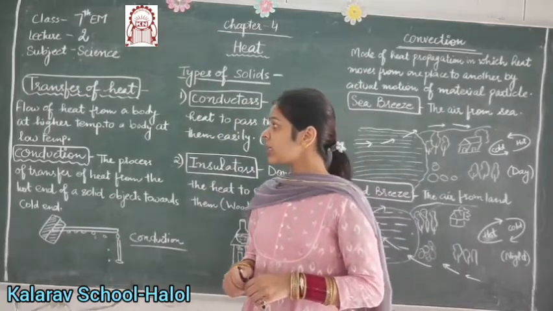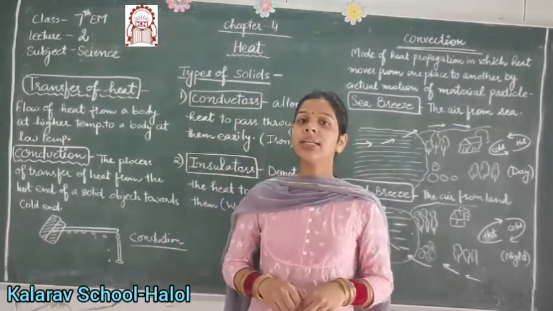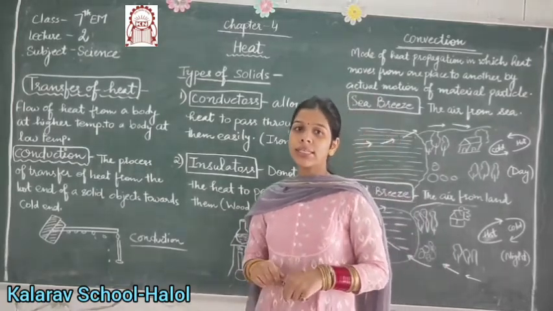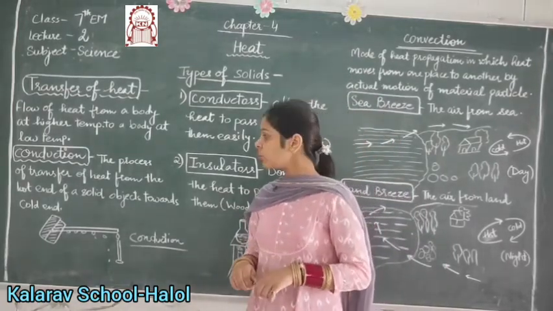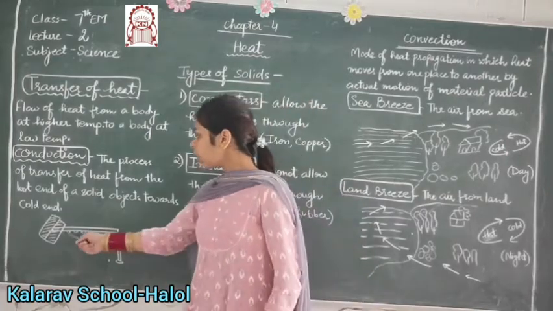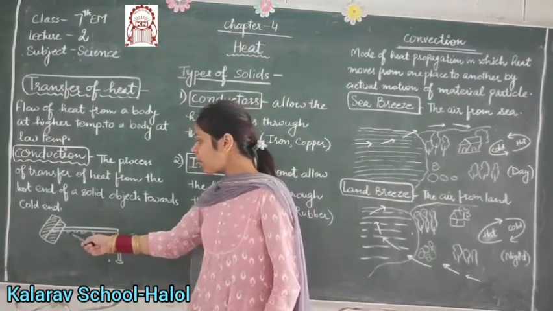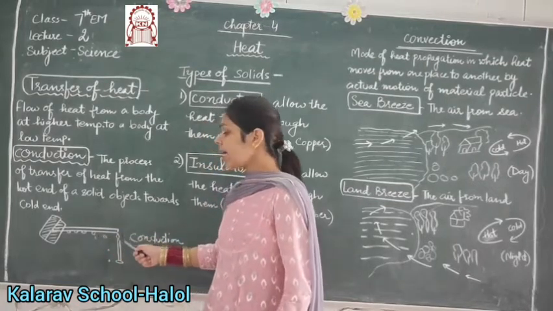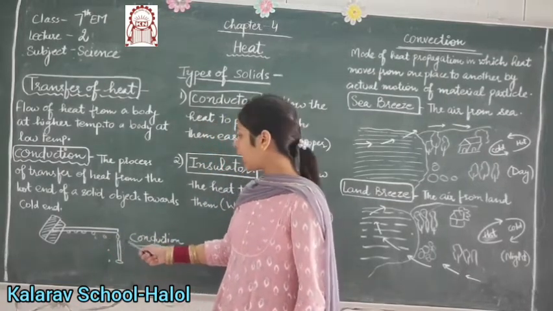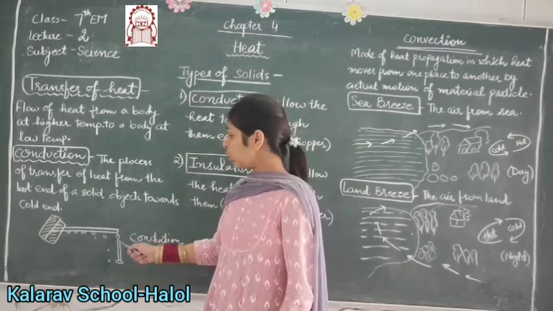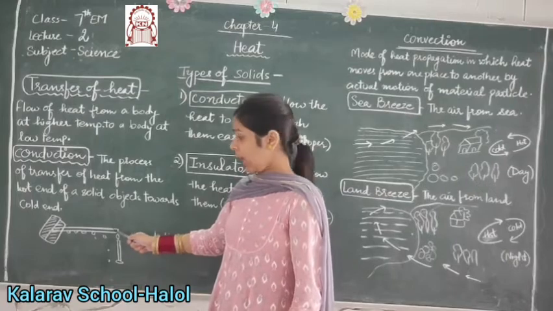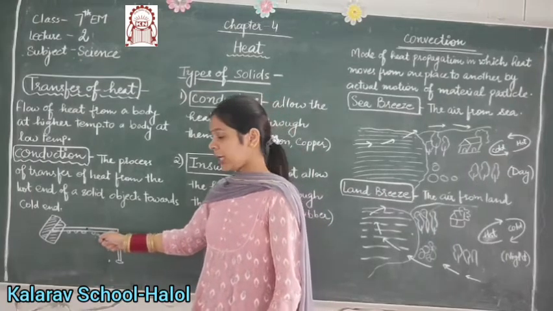Next term is conduction. To understand the word conduction, there is an activity in your book. I will introduce it here. Here is the aluminium rod and I have fixed a few pieces of wax on it. At one end of the aluminium rod, I have placed a burning candle. Due to the burning candle, that end heats up and transfer of heat takes place.